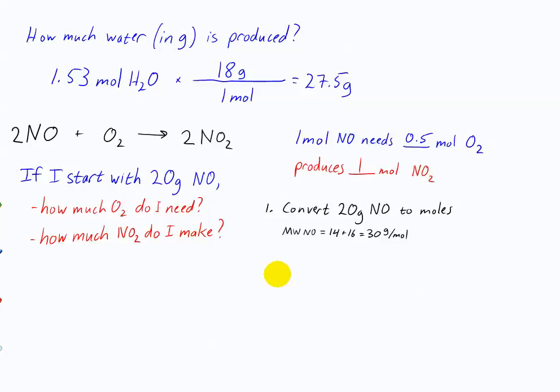And then we need to say, okay, then 20 grams NO times 1 mole per 30 grams equals about 1/3, right? Is that something like what you got? Similar? Close?